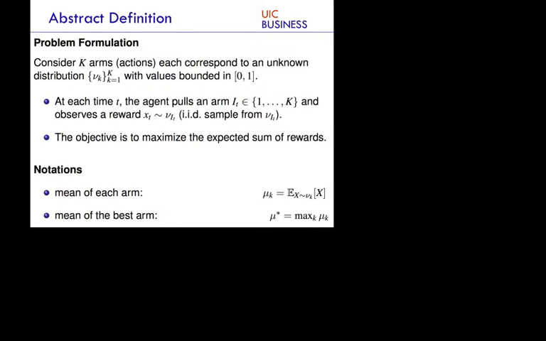Pull that arm or take that action, and that will actually maximize my expected sum of rewards, right? Do you agree? It's just that I don't know these distributions, and so I don't know the means, and so I have to figure it out if I want to maximize the expected sum of rewards.